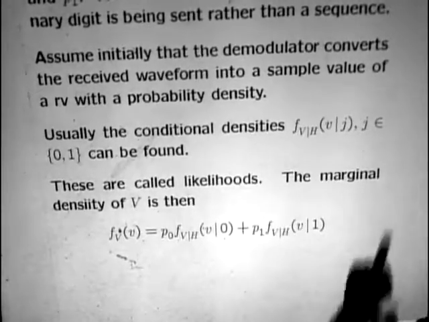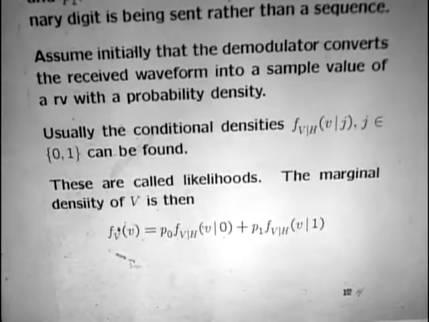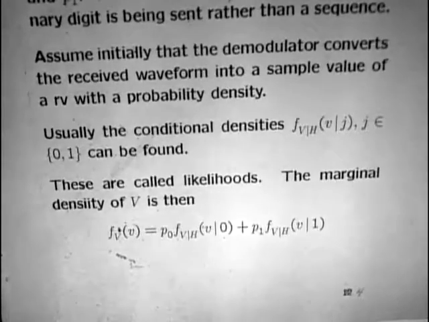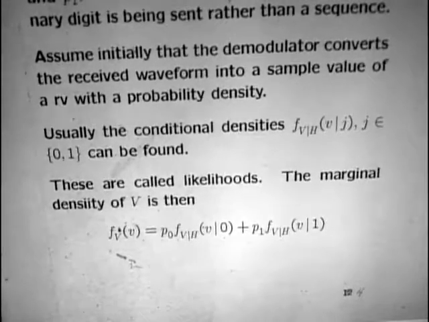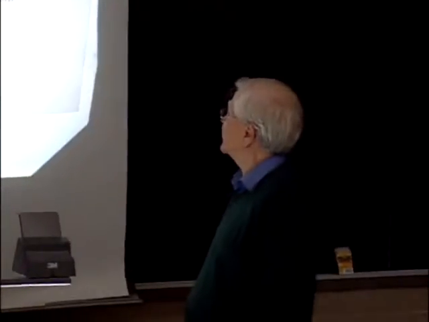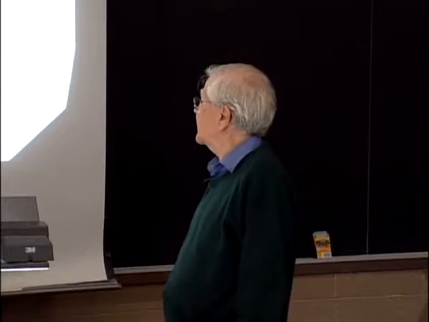We call these things likelihoods. And in most communication problems anyway, it's far easier to get your hand on these likelihoods than it is to get your hand on the a posteriori probabilities, which you're really interested in. So we find these likelihoods.